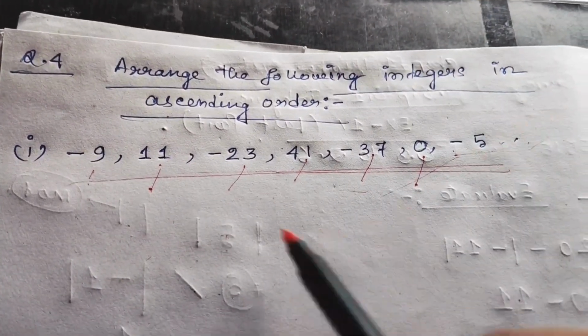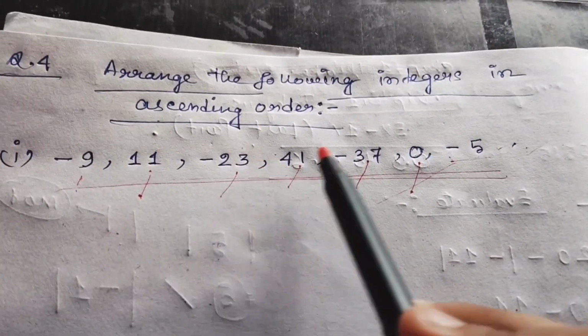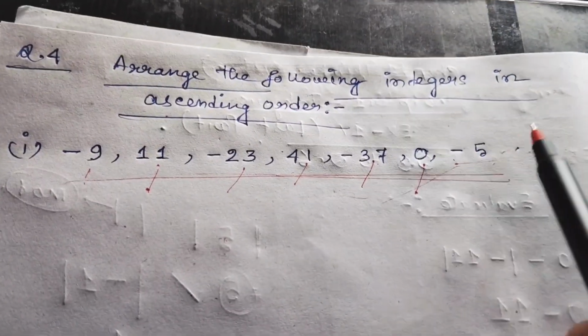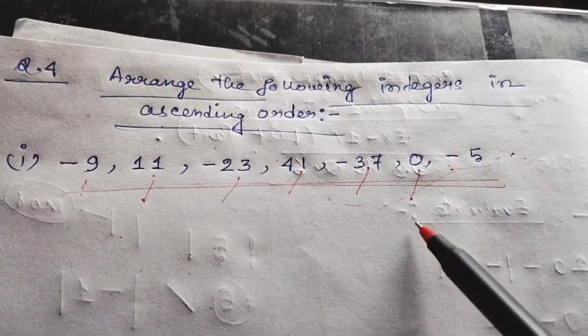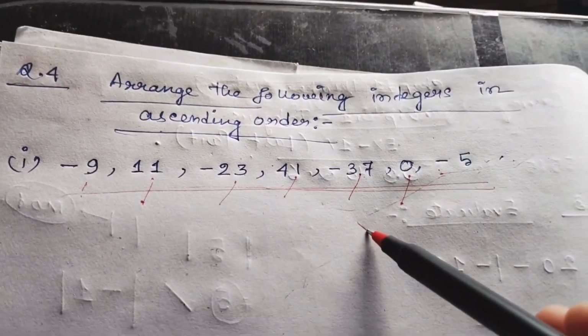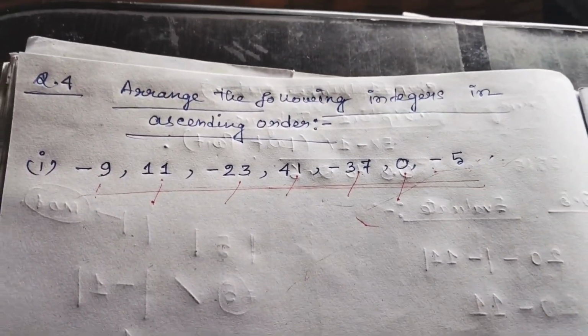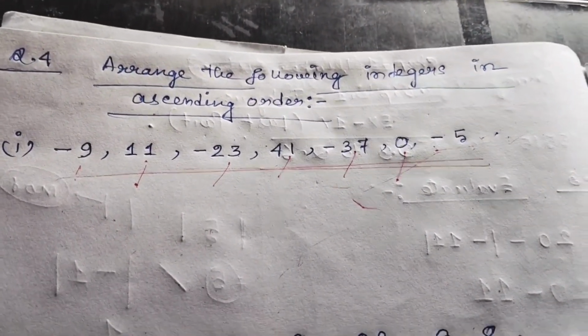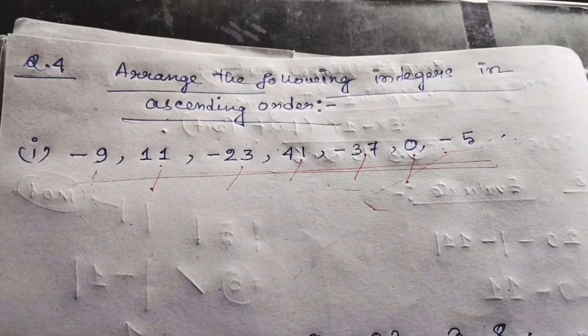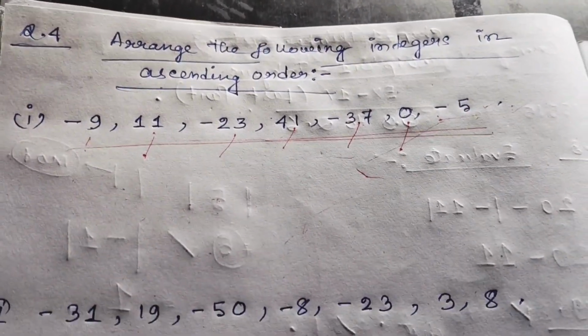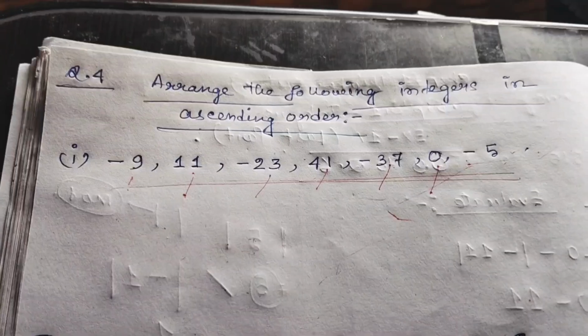In this question we have 1, 2, 3 and 4 negative values. Among the 4 negative values, what will come first? Among negative integers, the number which is bigger in basics becomes the smallest.